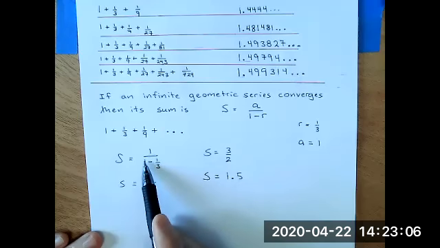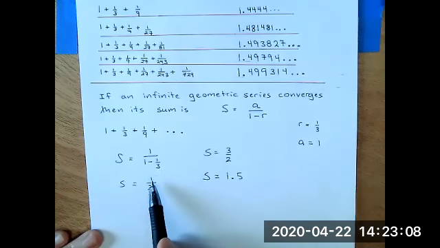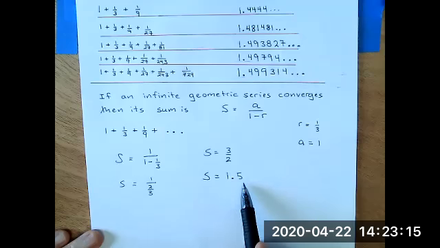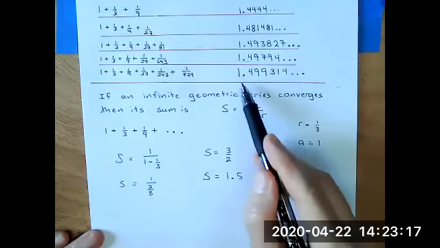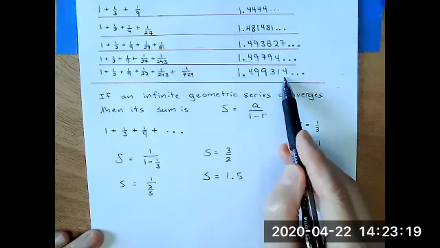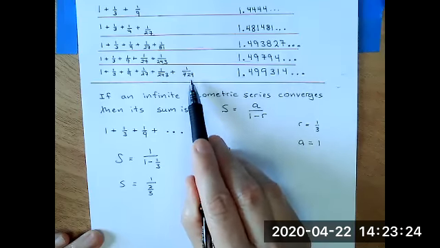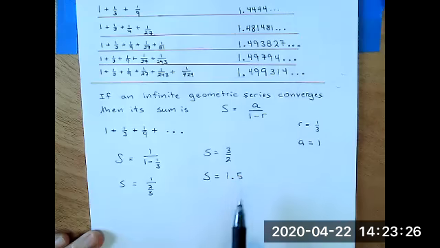So 1 divided by 1 minus 1/3 is 1 divided by 2/3, which is 3/2, which is 1.5. That's what we're expecting because we noticed that every time we added another term, it got closer to 1.5.